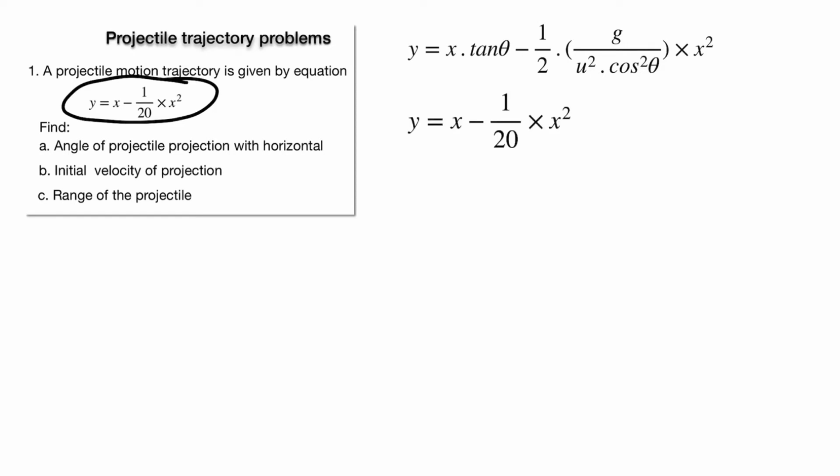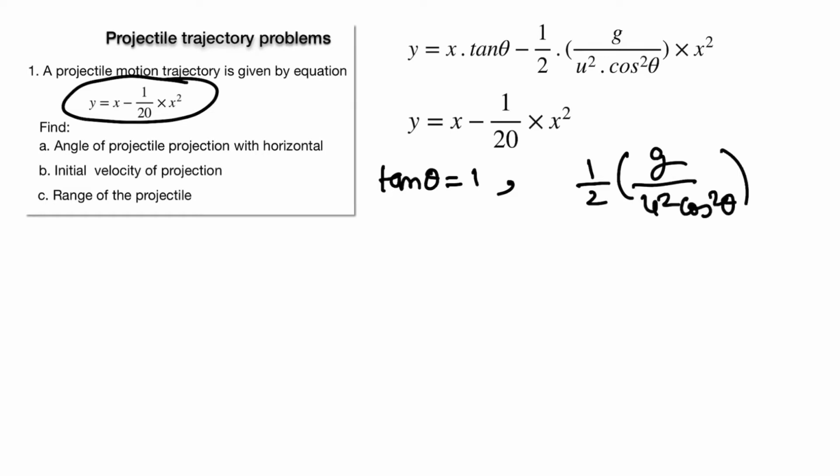On comparing these two equations, we know that tan theta equals 1 and 1 by 2 g by u square cos square theta is equal to 1 by 20. From the first equation, we know theta is equal to tan inverse 1, which is equal to 45 degrees.